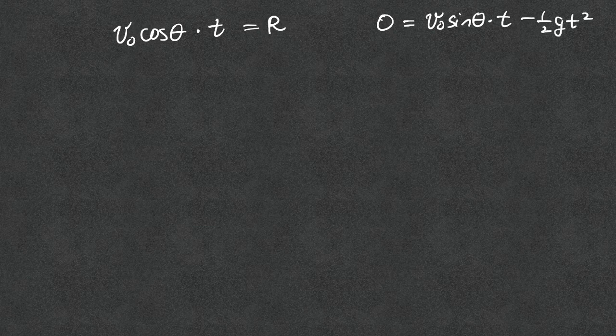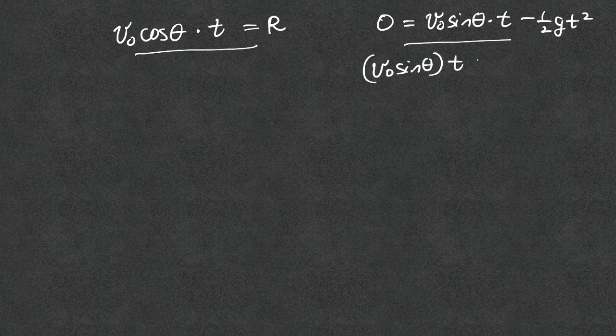Now, in looking at this, I can't do much here, but I'm going to rearrange this so I get v naught sine theta times t equals 1/2 g t squared.